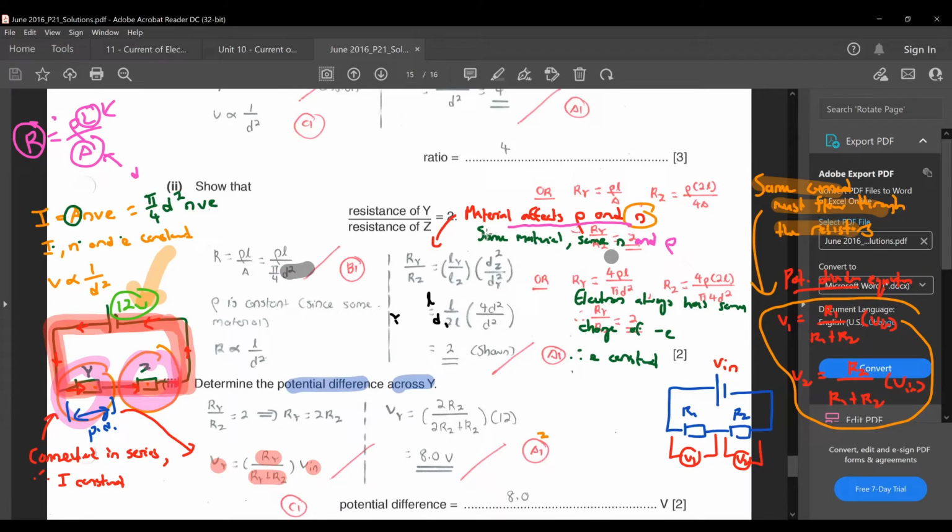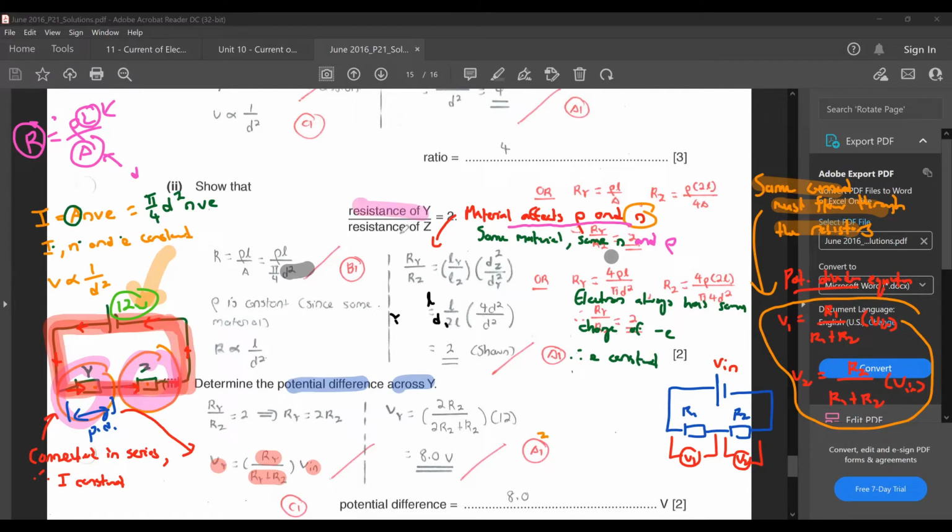Now, if you look back at what you just found just now, the ratio of resistances of Y to Z is 2. So Ry to Rz is 2. I know that Ry must be twice the value of Rz. So when I want to use this potential divider equation, I sub in just one of those values.